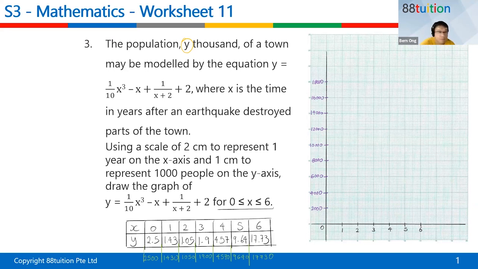Oh, it's terrible. I don't want to do it. Okay, so this will be your y-axis.